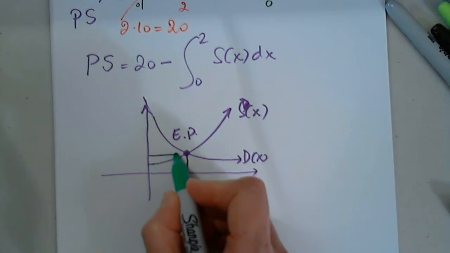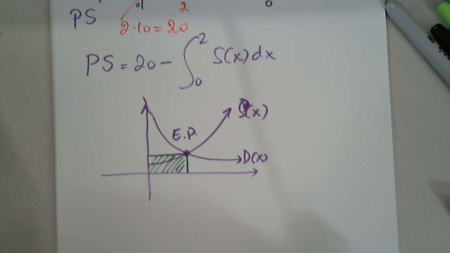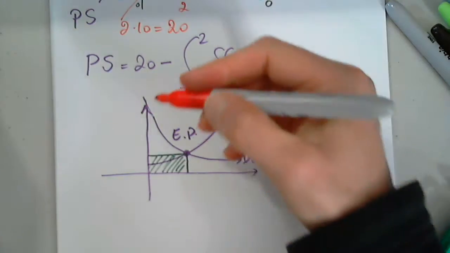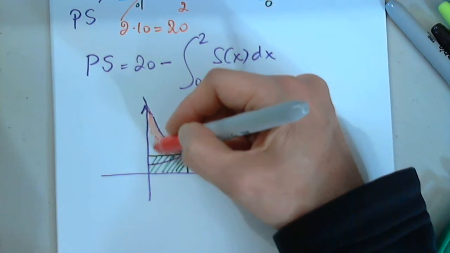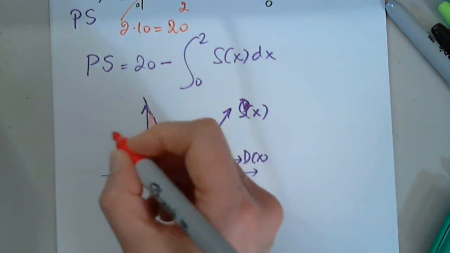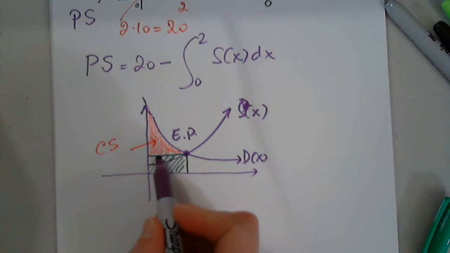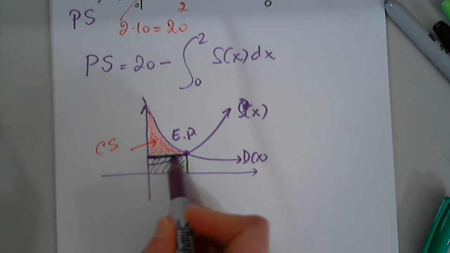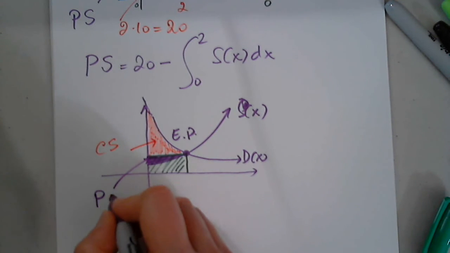This is the same triangle as the rectangle that we discussed. This is the consumer surplus. And this is the producer surplus.